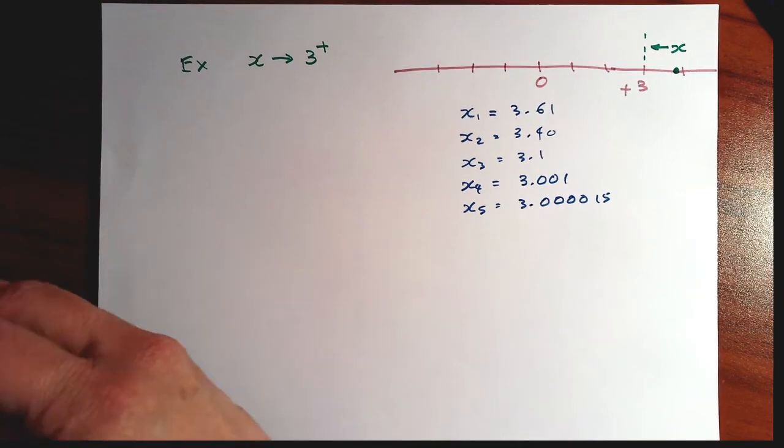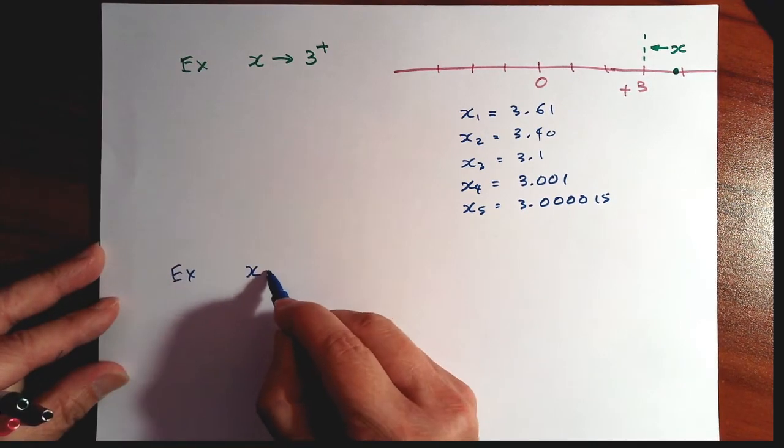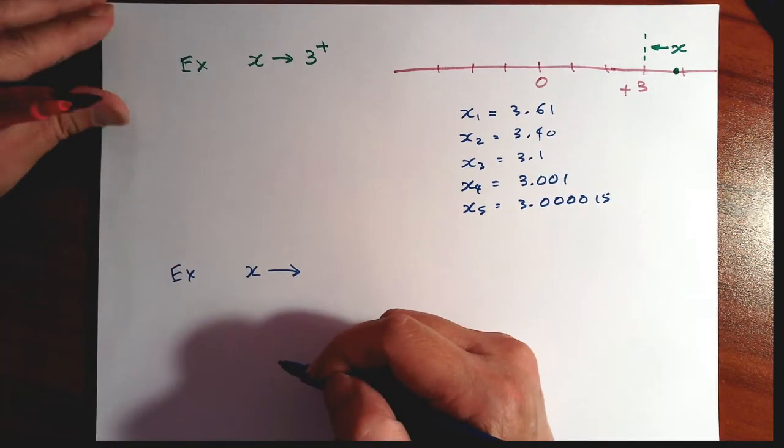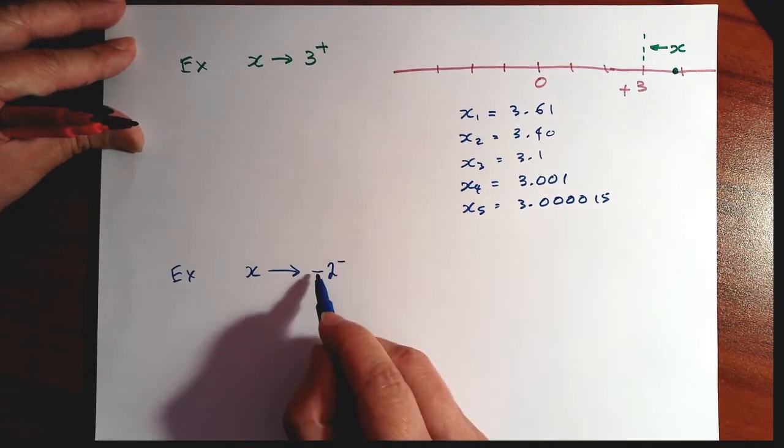Another example would be x approaches -2 from the negative side.